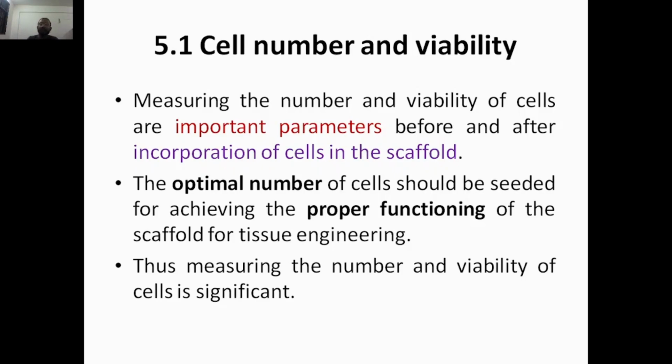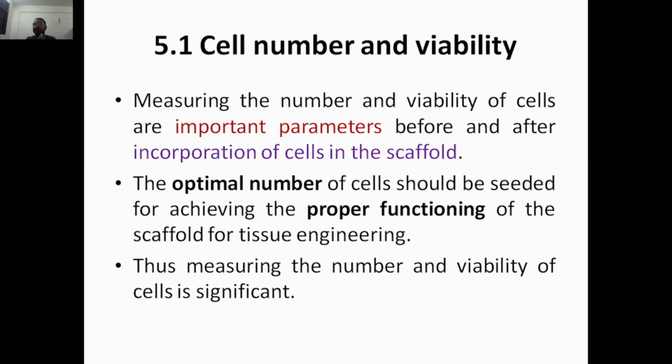Now, the optimal number of cells should be seeded for achieving the proper functioning of the scaffolds for tissue engineering, definitely, because we cannot give a very small number of cells, and we should not give a very huge number of cells. There has to be an optimal number of cells.